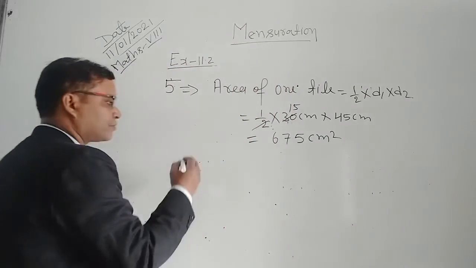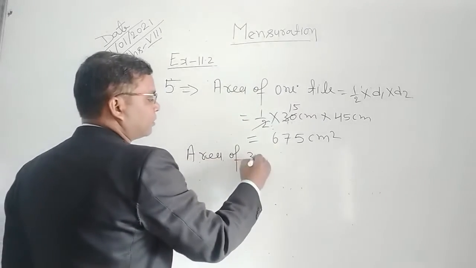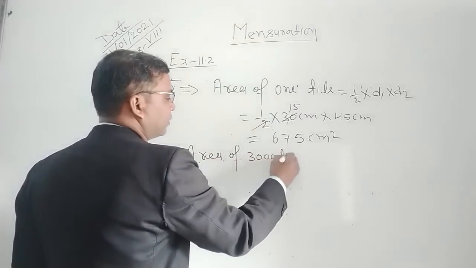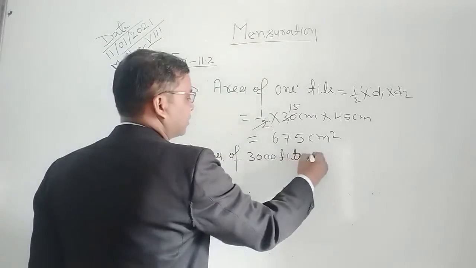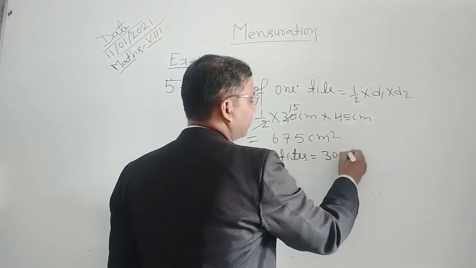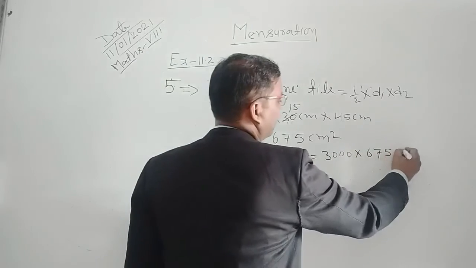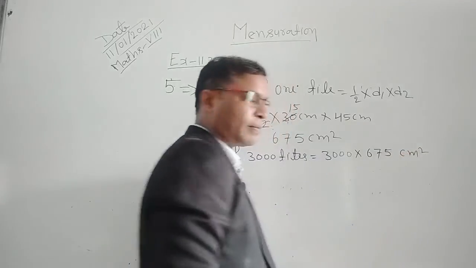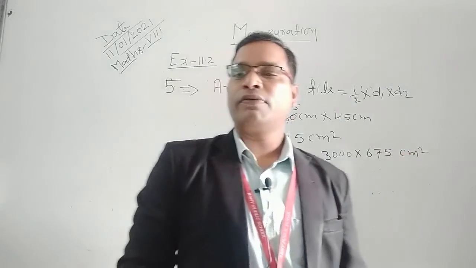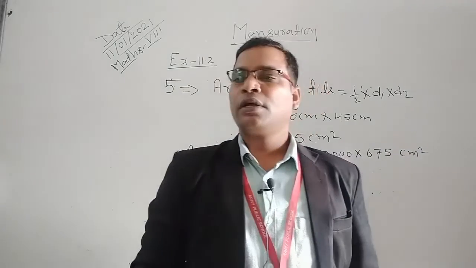Now we need to find the area of 3000 tiles, because here the area of 1 tile is this. Area of 3000 tiles is equal to 3000 into area of 1 tile, in centimeter square. Now we need to find the cost of polishing.